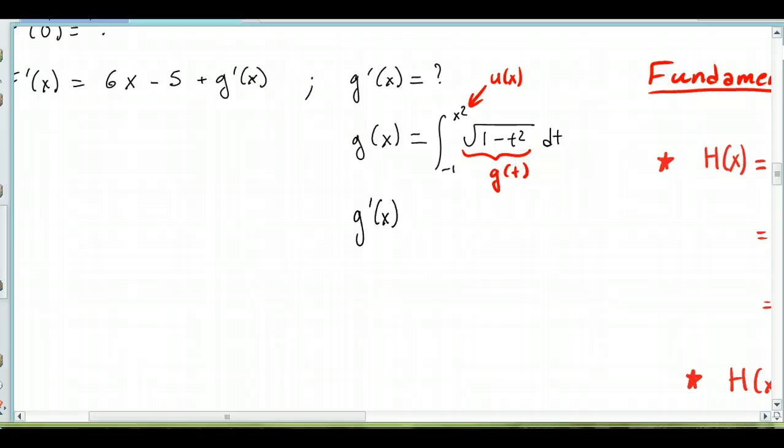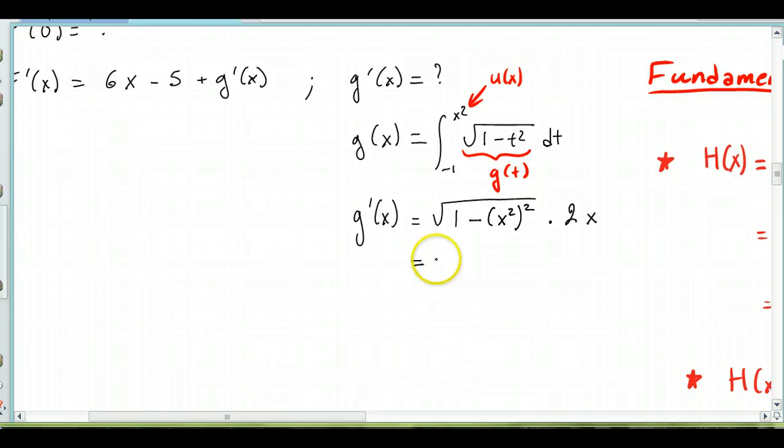So it is equal to g, not g like that, g at, not t, but u of x. So x squared for t squared, times u prime of x, 2x. So it is the square root of 1 minus x to the 4th times 2x. That's it.